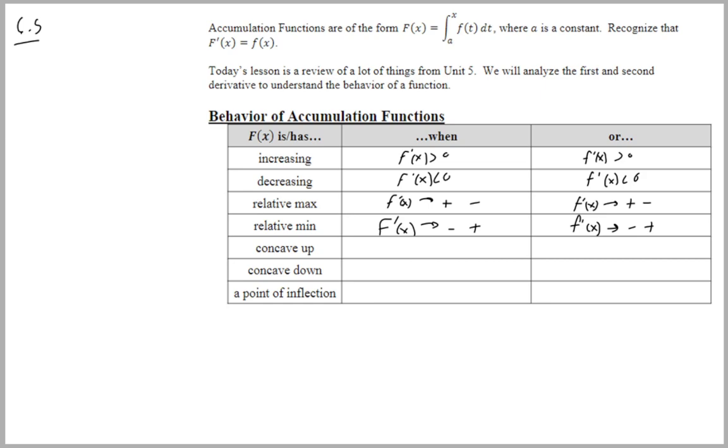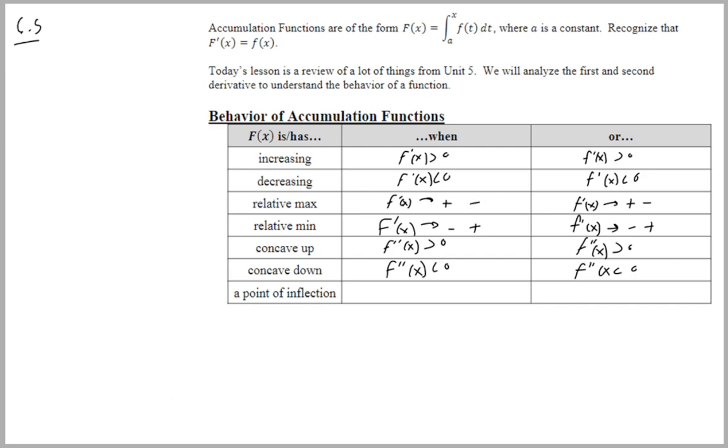We can also see that if it's concave up, that would mean big F double prime of x is bigger than 0, and it would be concave down if big F double prime of x is less than 0. It would be true for small f as well, where f double prime of x is bigger than 0 or f double prime of x is less than 0.